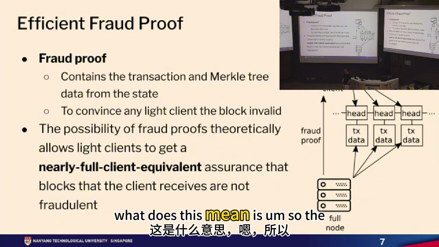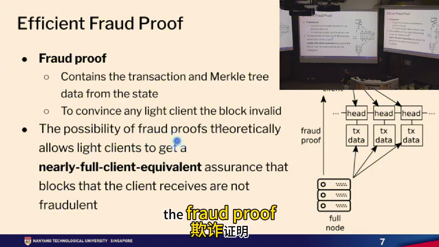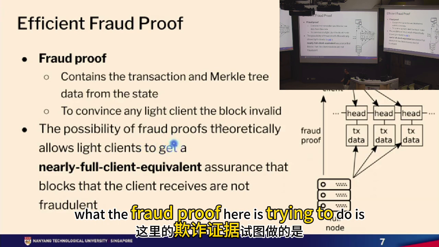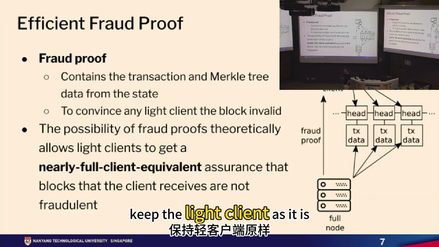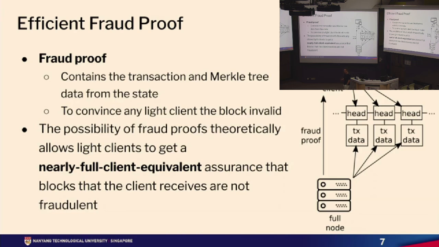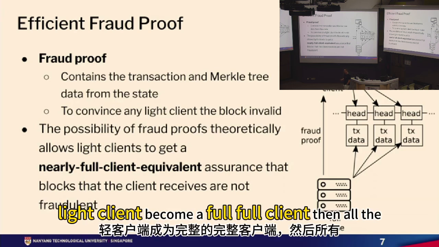What does this mean? What the fraud proof here is trying to do is keep the light client as it is, rather than make the light client become a full client.